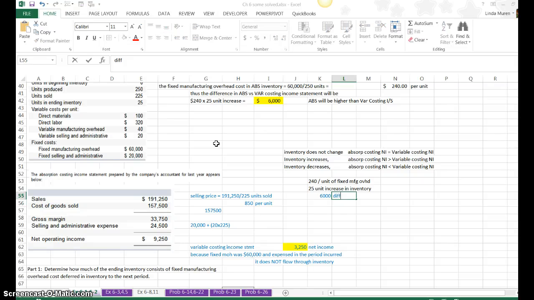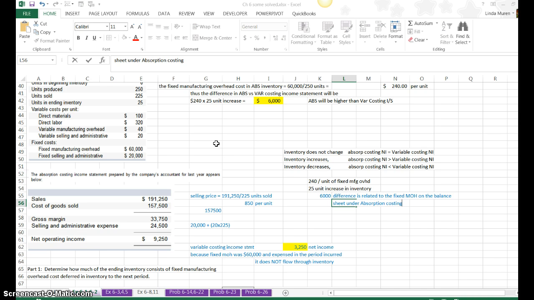This difference is related to the fixed MOH on the balance sheet under absorption costing.